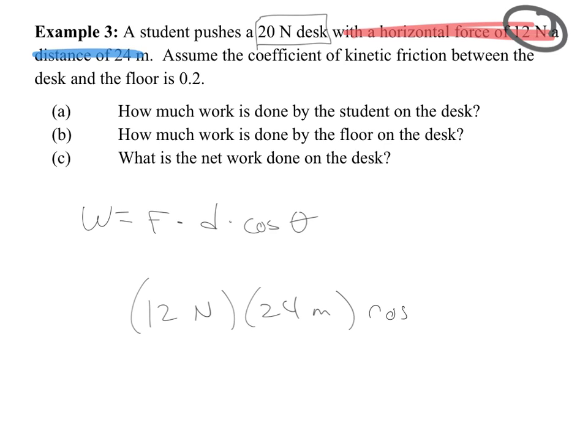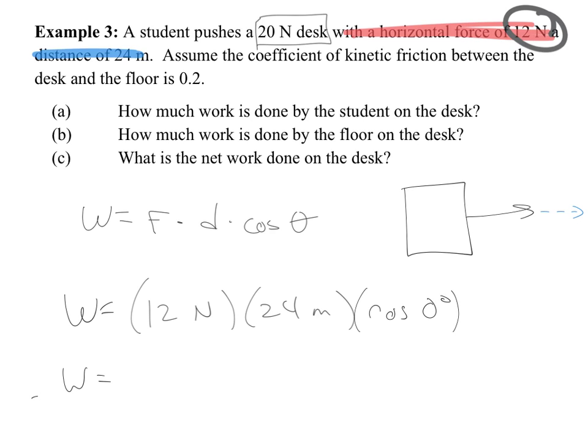Again, if you didn't know this and you wanted to draw a free body diagram, that might be useful. If you drew a horizontal force to the right, you would see that the angle is 0 degrees because the motion is also to the right. The motion is the dashed blue, and the force is the solid black line. Force and motion are in the same direction, therefore theta is indeed 0.